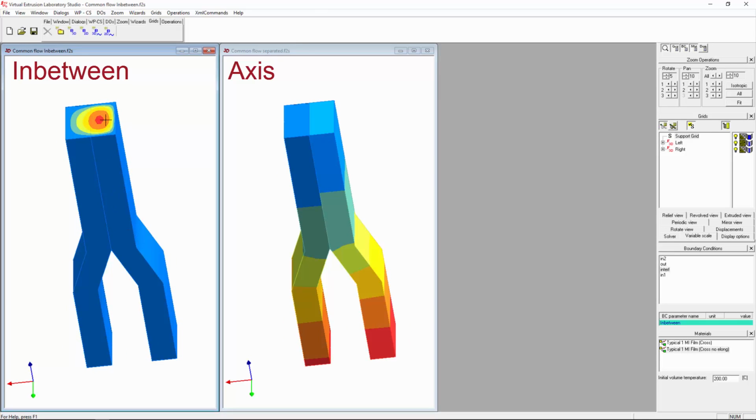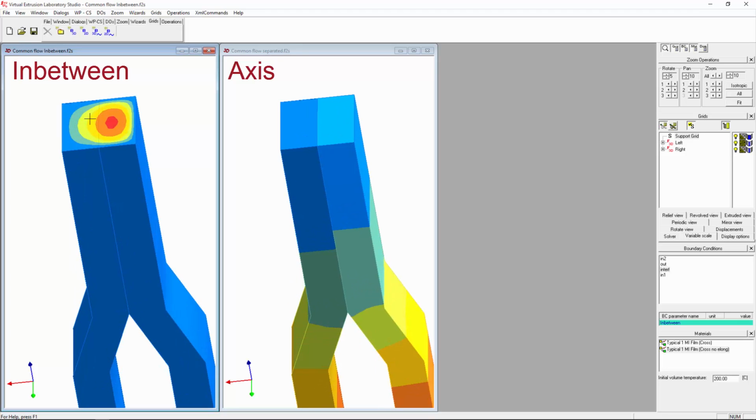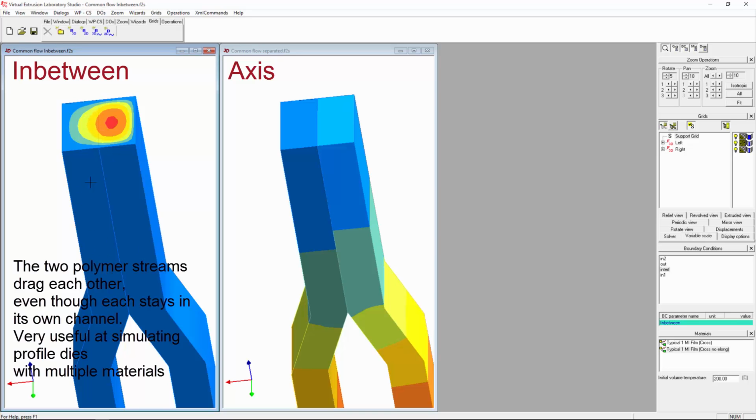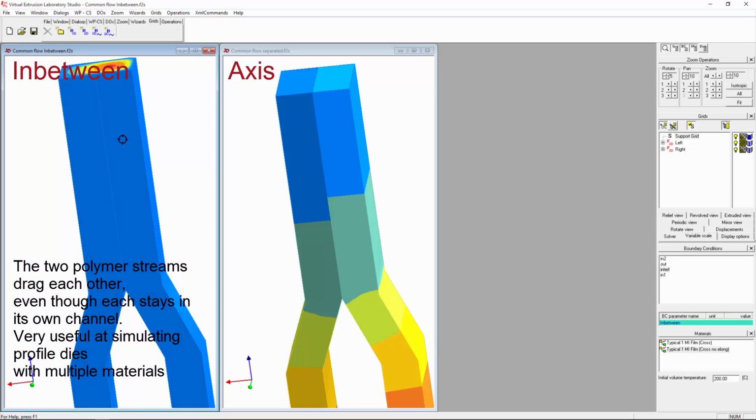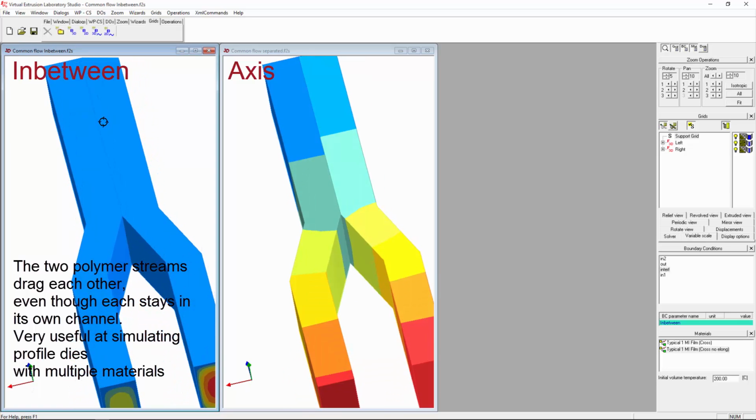Because why that would be on the side? So we can see that the velocity profile really indicates that the two streams influence themselves, but there is no cross flow across the boundary. So that is what the in-between boundary does. It is very useful situation.